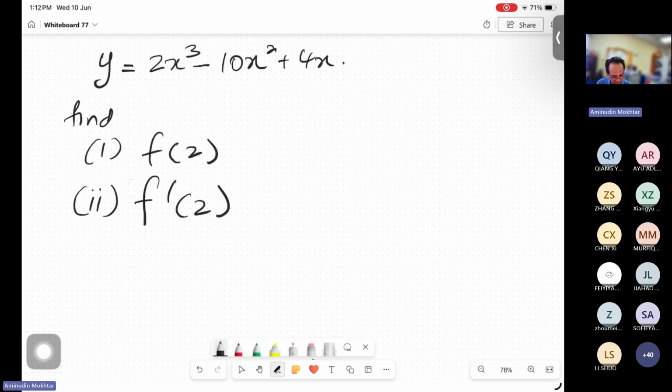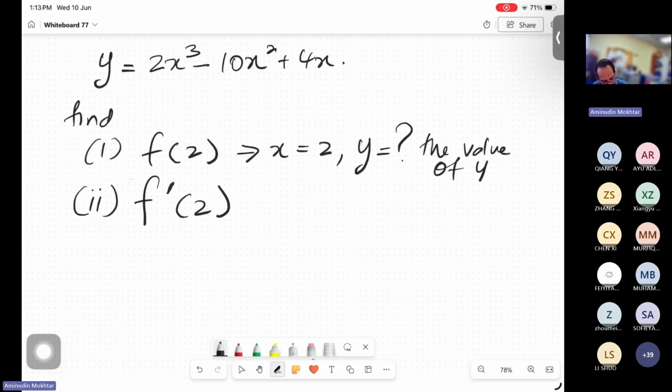What does it mean? What is the difference between these two questions? You need to know how to differentiate this question. The second one, we have a prime here. Okay, the first one, f(2), asks you to find y. When x equals 2, y equals what? We need to find the value of y.